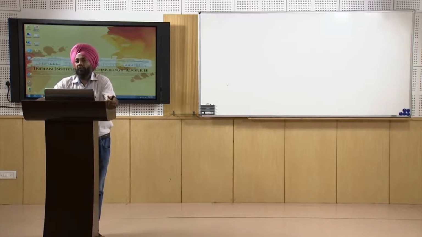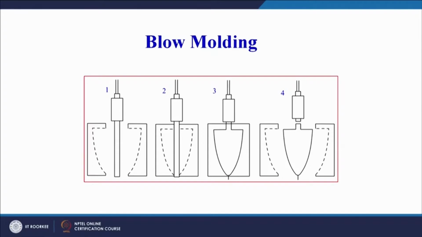Now the most simplistic diagram is given, a schematic on your screen. So you can see initially this is the shape, the dotted portion is the inner part of the mold, and this is the shape that we want to make, this inner portion. And this is a split mold, this is one half of the mold and this is another half of the mold.